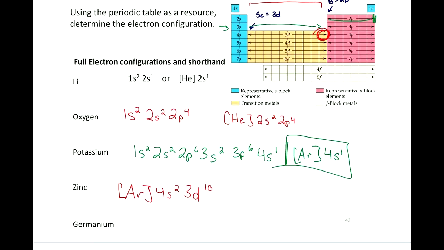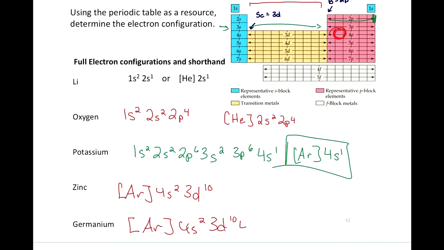All right, and then we can do the same thing for germanium. Where's germanium? It's just 2 over. So germanium's right here, and we can do shorthand again. We can go argon, 4s2, 3d10. But once we go from zinc to gallium, we're in a new subshell. What subshell starts gallium? It's a p orbital, but which p? 4p, yes.